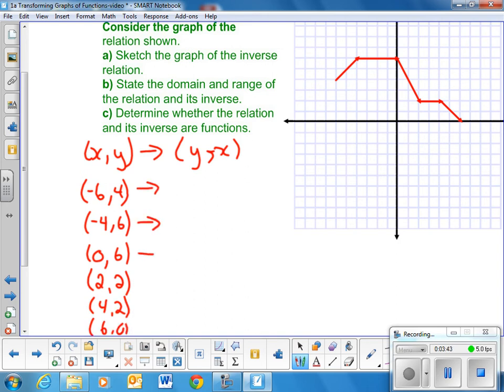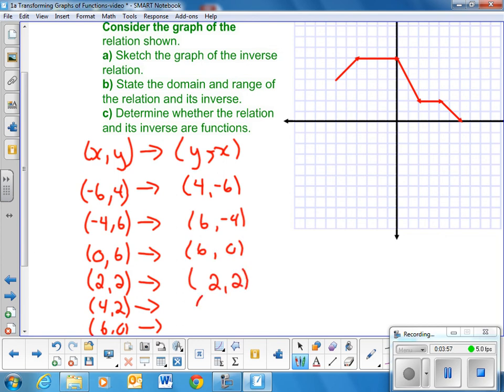The inverse relation is going to switch those x's and y's around, and so it's going to become (4, -6), (6, -4), (6, 0), (2, 2), (2, 4), and (0, 6).